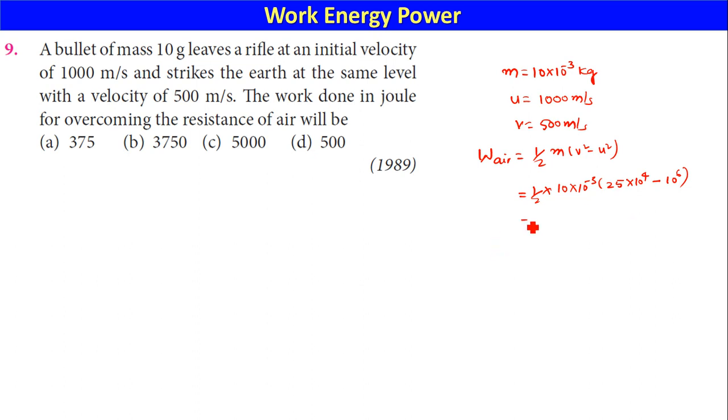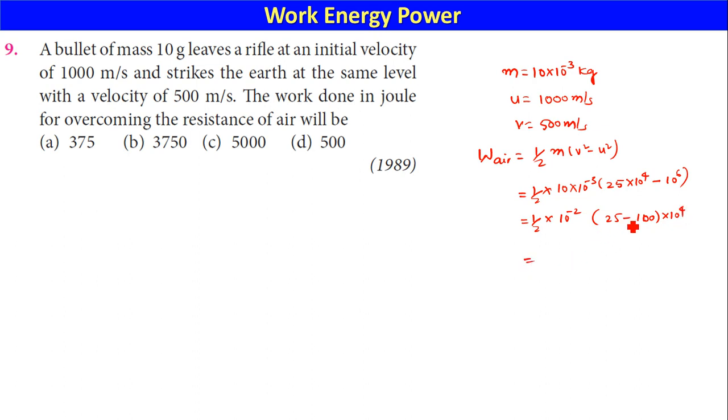So now you're supposed to get half into 10 power minus 3 into 10 power 1, which is nothing but 10 power minus 2. Here can we take 25 minus 100 into 10 power 4, isn't it? Yes.